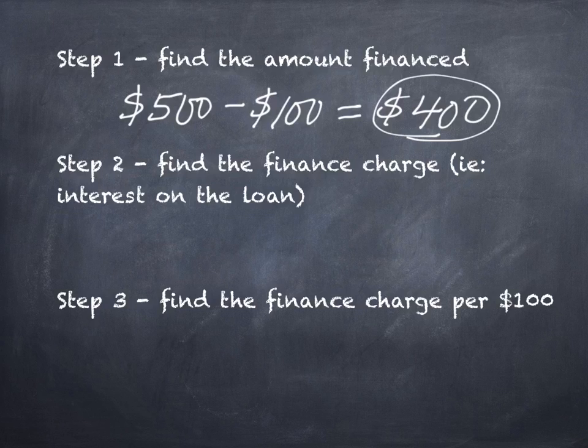How do we find the finance charge? Remember, finance charge is going to mean interest on the loan. Your book may not always remind you of that like I just did in those parentheses. How do you find their interest? What formula do you use? The simple interest formula that looked an awful lot like this. What's their principal? 400.